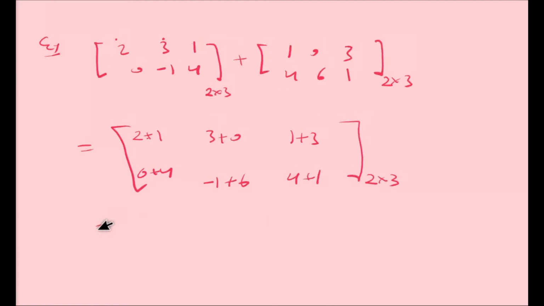So now after simplifying, you are getting here 3 and here you are getting 4. Okay, now here you are getting 4 and here is 5 and here is 5. So this is your required answer of order 2 into 3, right? So this way you can understand addition of matrix.